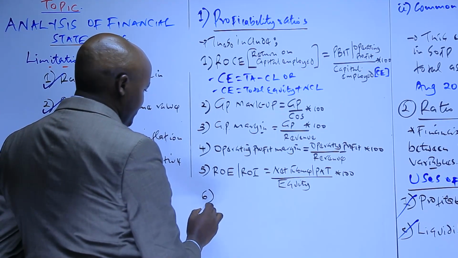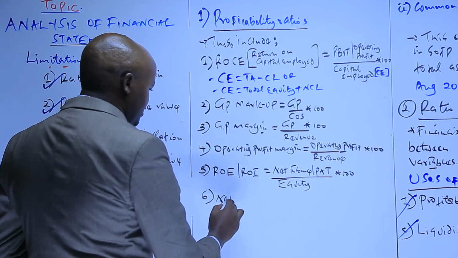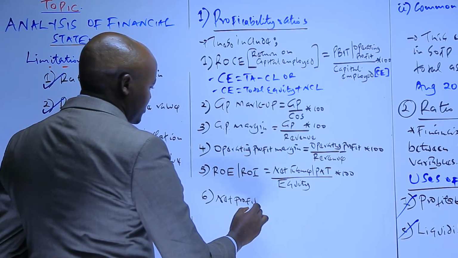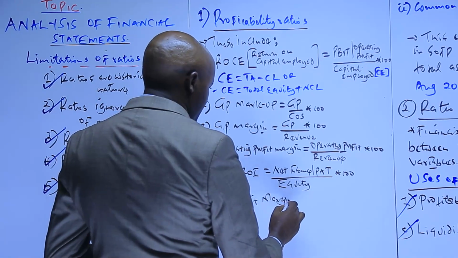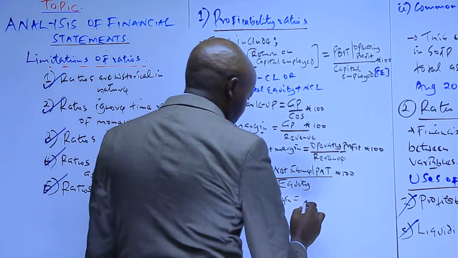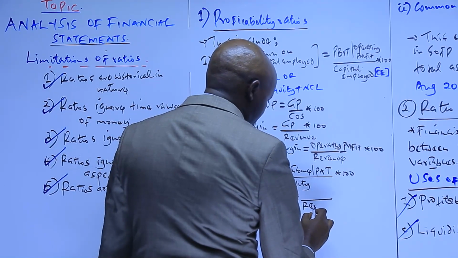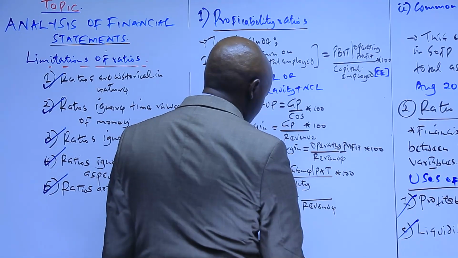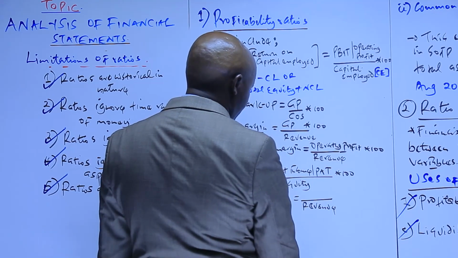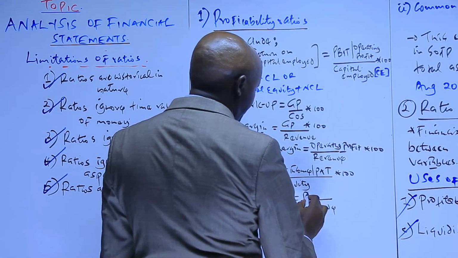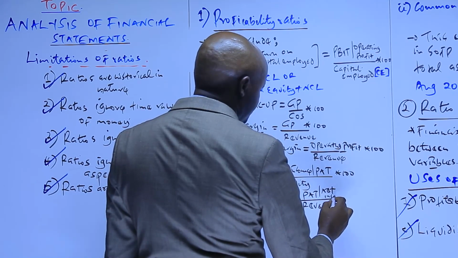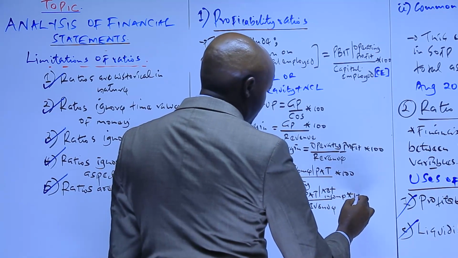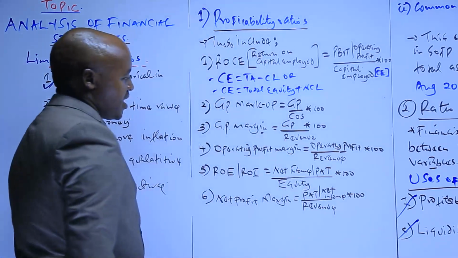We have the other profitability ratio, which is net profit margin. Because we have the word margin, our denominator here will be revenue, and the numerator is net profit. The net profit of the company is the profit after tax, which is also known as net income, times 100.